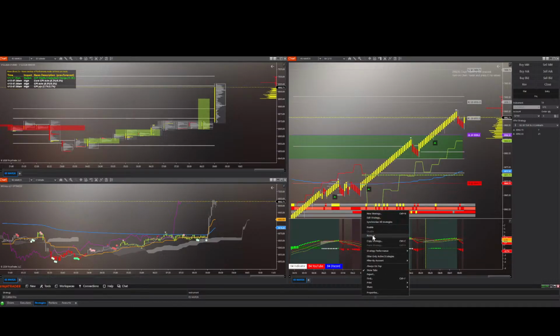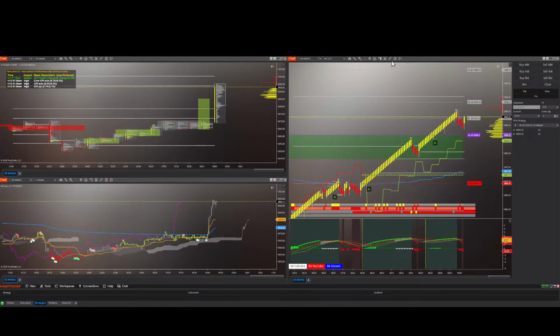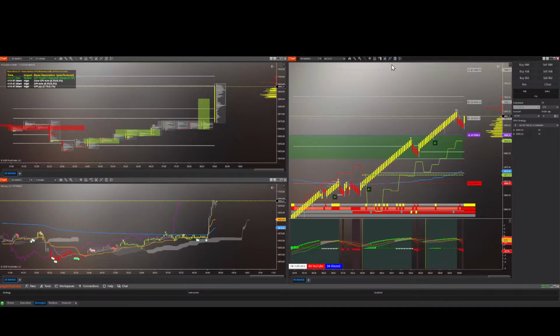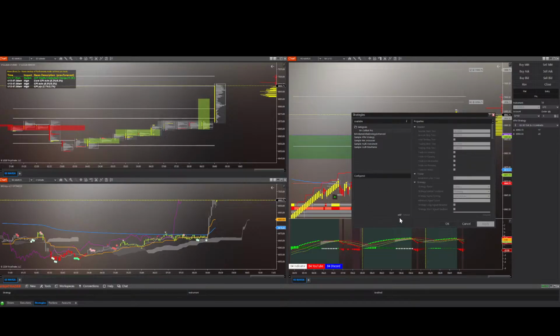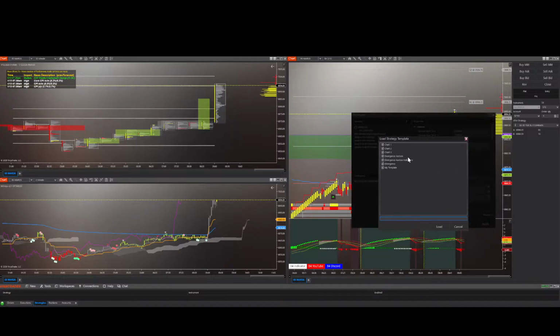I'm going to remove it. Let's go back and add it new. Again, sometimes you have those issues. Template load.